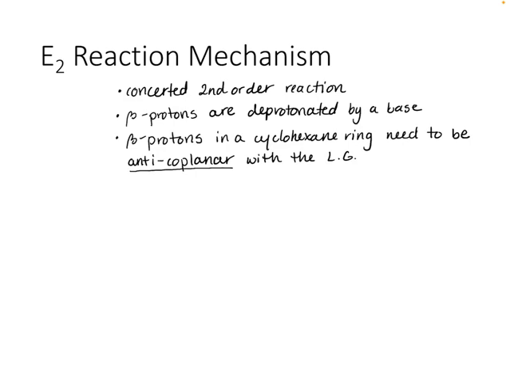So let's kind of go over that. Let's look at an example because this might not make sense right away, and that's okay. All right, so let's say we have a cyclohexane ring and we have a bromine in a wedge position at the top. And let's say this is reacting with potassium tert butoxide.